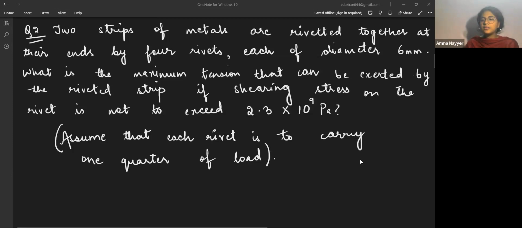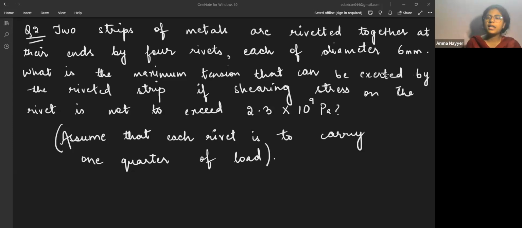This question says, two strips of metals are riveted together at their ends by 4 rivets, each of diameter 6 millimeters. What is the maximum tension that can be exerted by the riveted strip if shearing stress on the rivet is not to exceed 2.3 into 10 to the power 9 pascals?